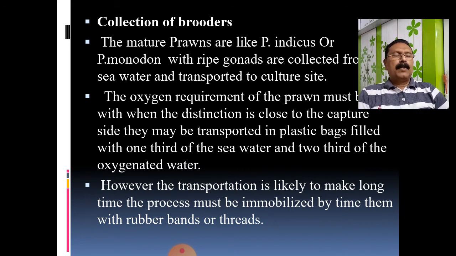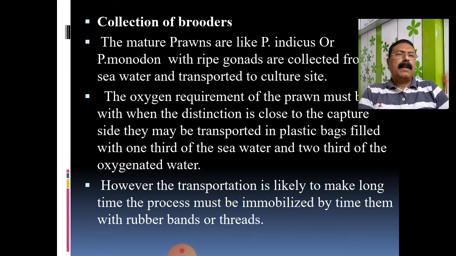While transporting the brooders, you must take care of the oxygen level, that is dissolved oxygen. A suitable level of dissolved oxygen should be maintained, and if you find less oxygen, you can also provide aerators. Additional oxygen can be added through aerators while transporting the prawns from the sea to the culture site.